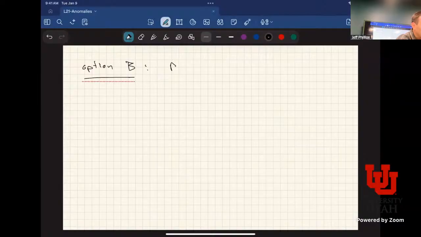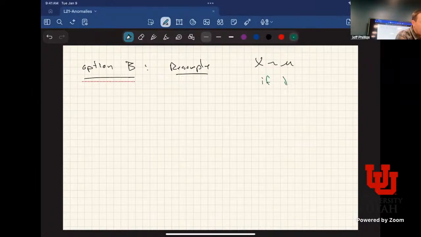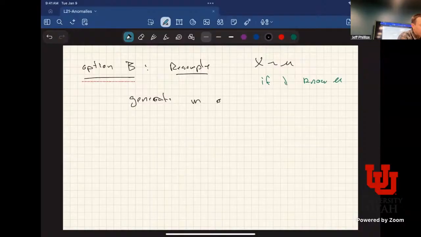Option 2 is to resample. Okay, so I'm running out of time. I assumed X was from some distribution. So if I know this distribution, then I'm going to generate, let's say, M more data sets.